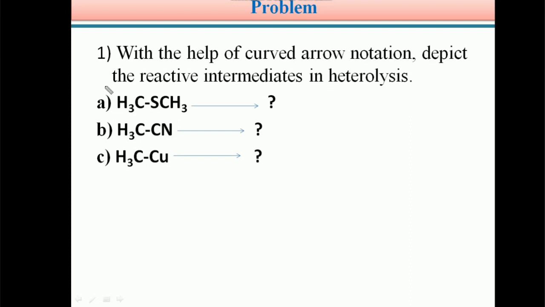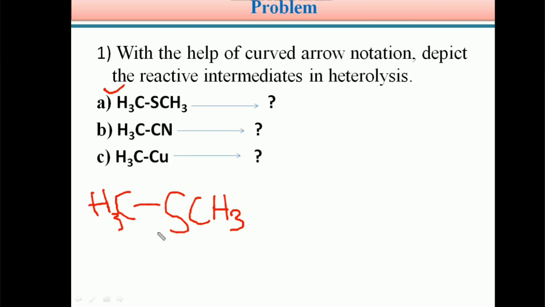The first one is CH3SCH3. Here heterolysis takes place. Students, we know heterolysis is denoted with a curved arrow, a full-headed arrow.